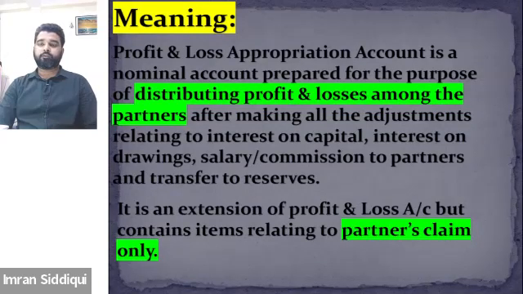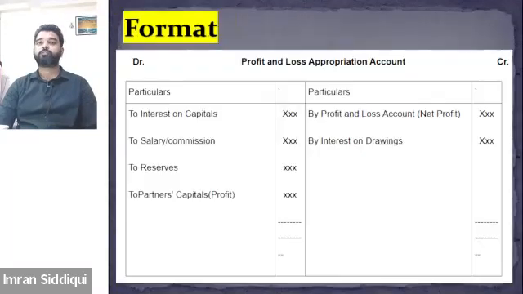Since we are distributing the profit and losses among the partners, it is also called the extension of the profit and loss account. So profit and loss appropriation is nothing but an extension of the P&L account. Then we discussed the format of the P&L appropriation.